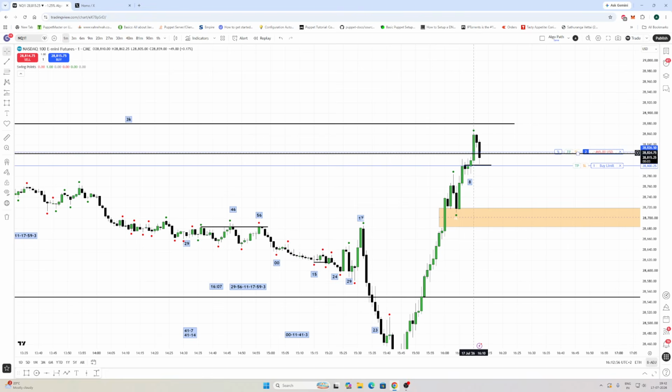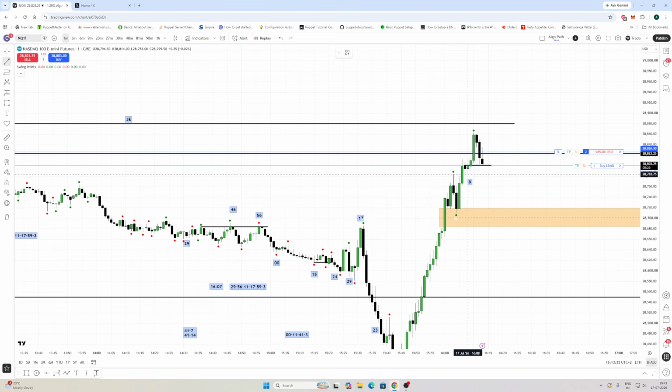So I entered another contract in the gap, which is safe for me. Maybe one more at the order block. If the order block gets broken, then I'm wrong. So this is playing continuation. Here I'm not looking at a reversal. I did, but once I know the market didn't respect it, then I'll be looking for continuation.